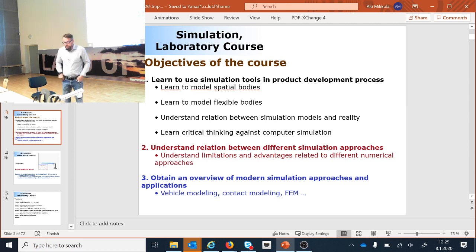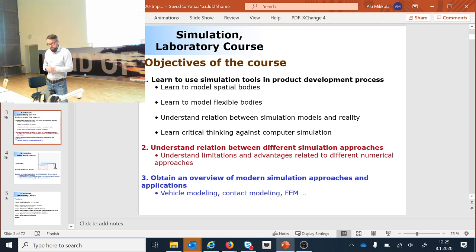All right. The big deal in this course is that we are looking at different techniques, not just multi-body dynamics, as was the case in the previous semester. This time we're going to look at different kinds of approaches, such as co-simulation, which means combining different simulation disciplines into one package and trying to solve them simultaneously.